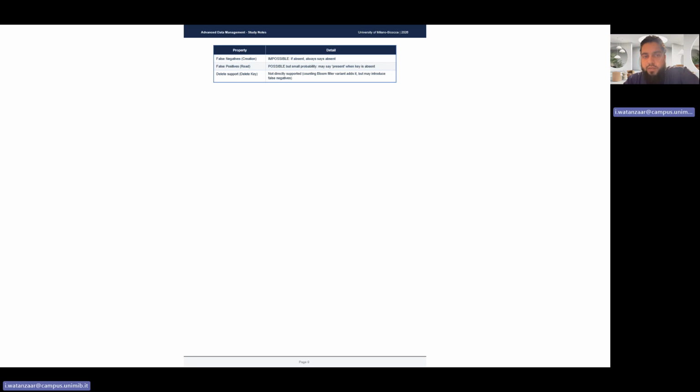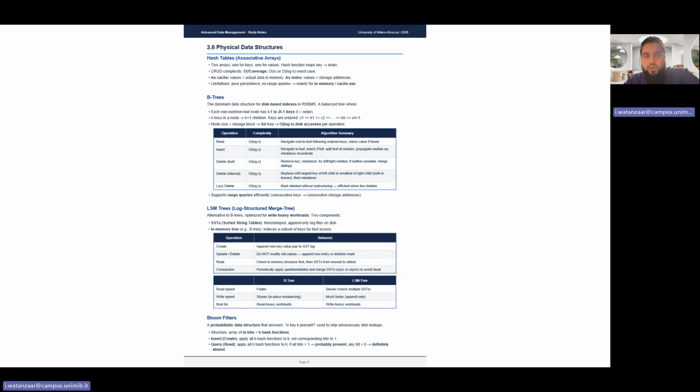And in the delete case, delete is not directly supported. Counting Bloom filter variants add it, but may introduce false negatives. So that is the overall core idea of the Bloom filter, and what false negative and false positive are, and how the read property and create property apply here. This is mainly the gap between these two data structures, B trees and LSM trees.